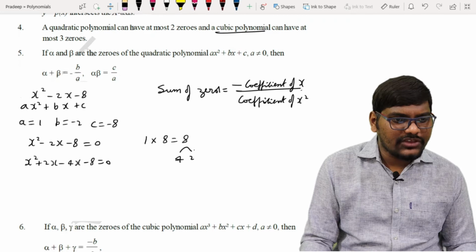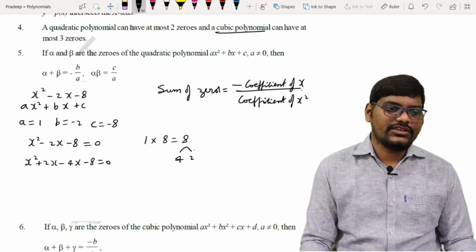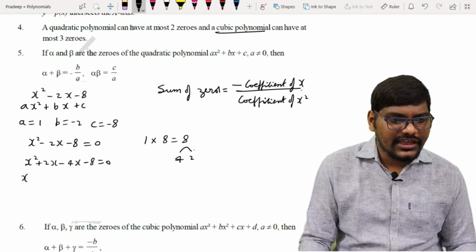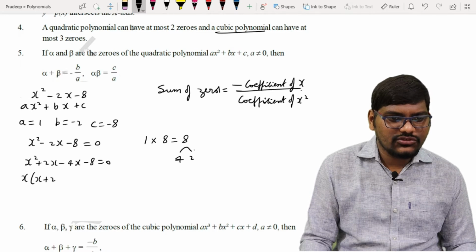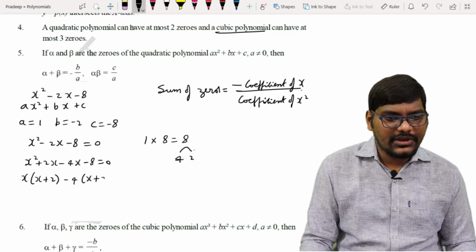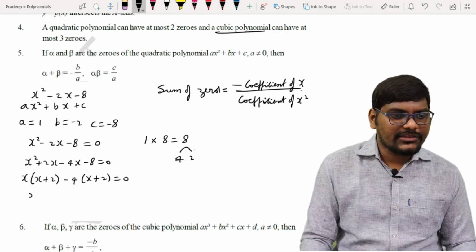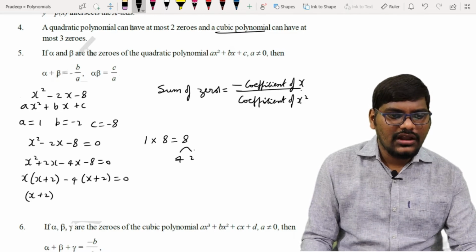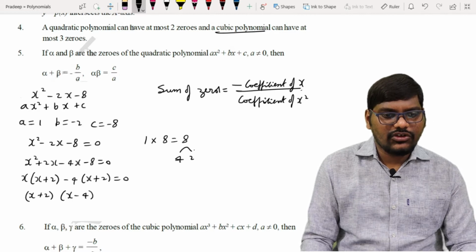Minus 4x plus 2x again gives minus 2x. Here I'll take x common, so I get x plus 2, and here I'll take minus 4 common, so I'm left with x plus 2 equal to 0. If I take x plus 2 common overall, I'm left with x minus 4 equal to 0.